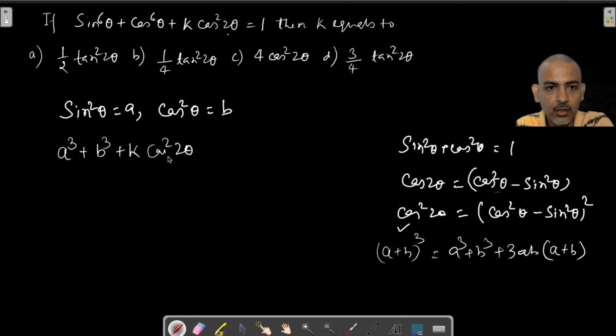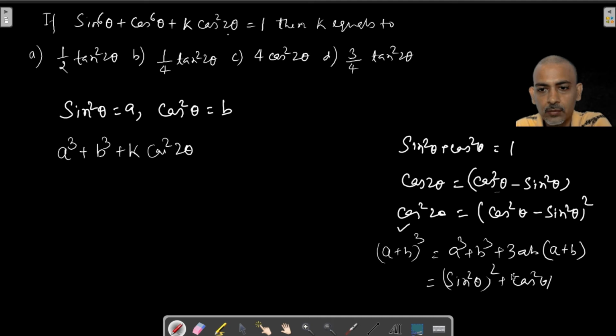Now, in terms of this, it is going to be A cube plus B cube, and then this is going to be my expression. Here A is sine square theta, so this is sine square theta whole cube plus cos square theta whole cube plus 3 into sine square theta cos square theta, and then A plus B is nothing but sine square theta plus cos square theta.